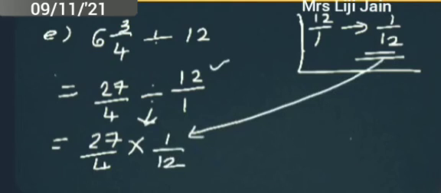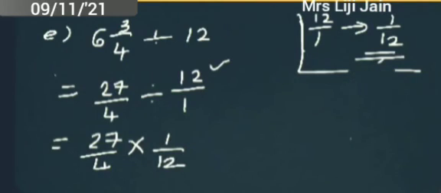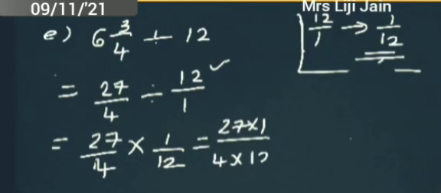So our question becomes 27/4 into 1/12. Now can we apply the rule for multiplying two fractions? What is the rule? Product of the numerators by product of the denominators. Any common factor? Can we divide 12 and 27 by a common factor?